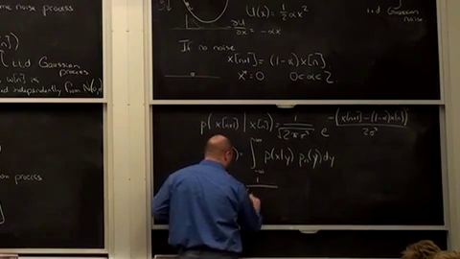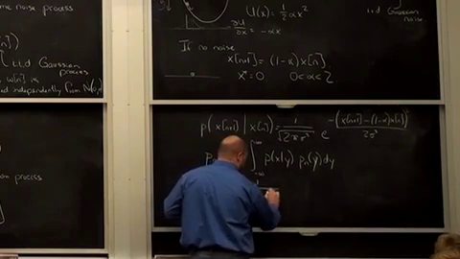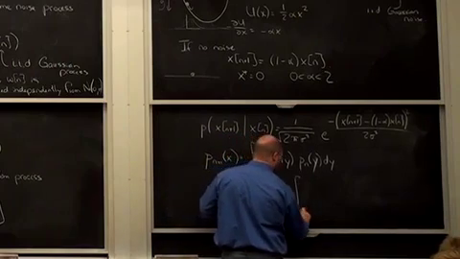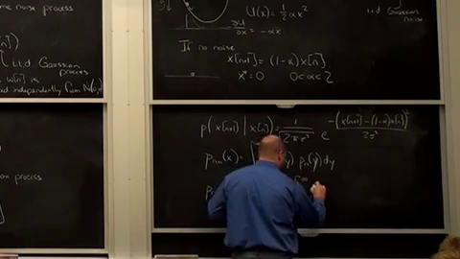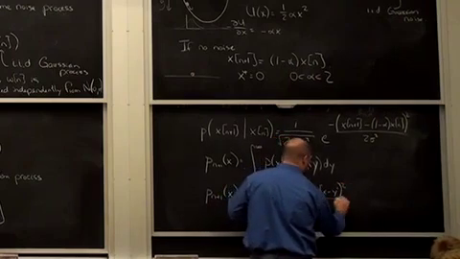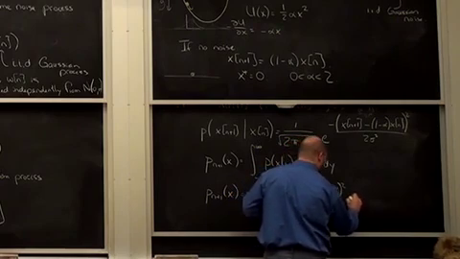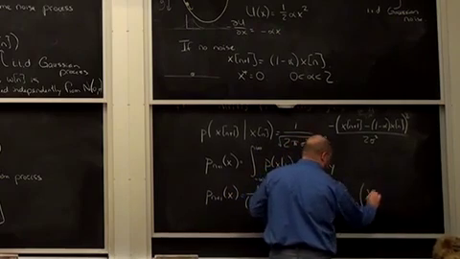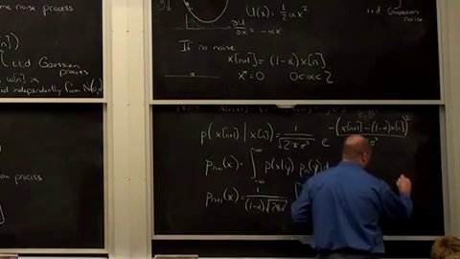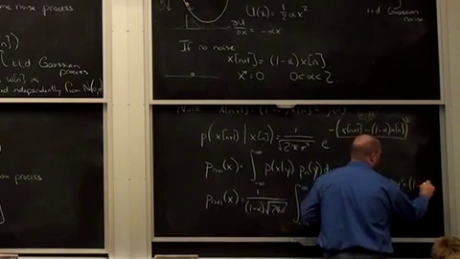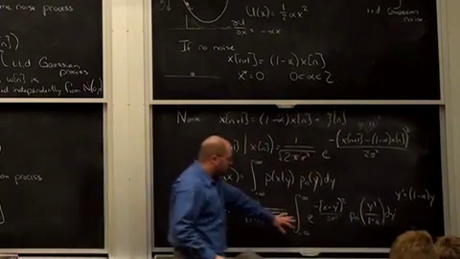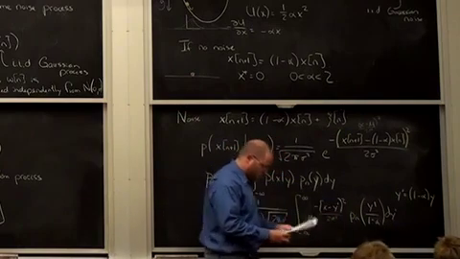Let's do 1 over the square root of 1 minus alpha squared 2 pi sigma squared, probability of n at y prime over 1 minus alpha, dy prime, where y prime is 1 minus alpha y. I haven't done a lot of work yet. I just sort of changed coordinates into y prime.